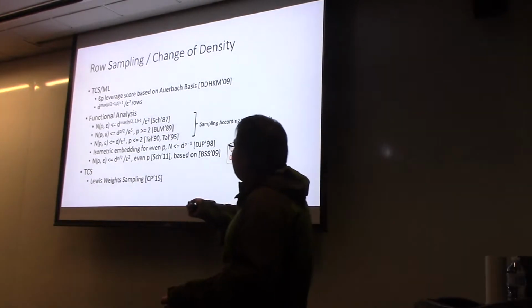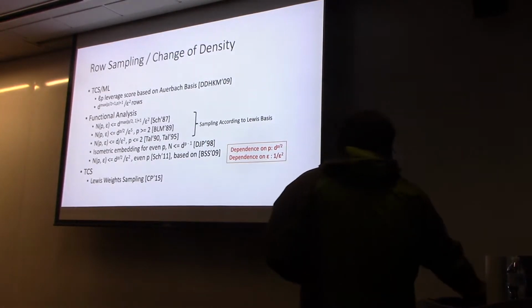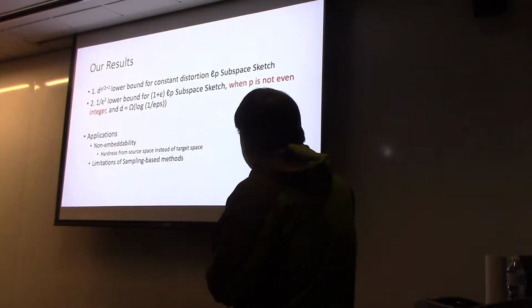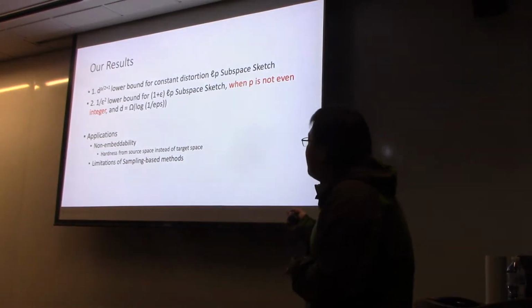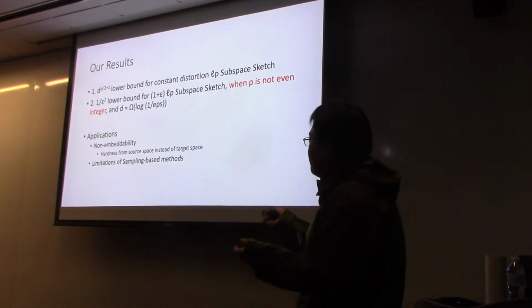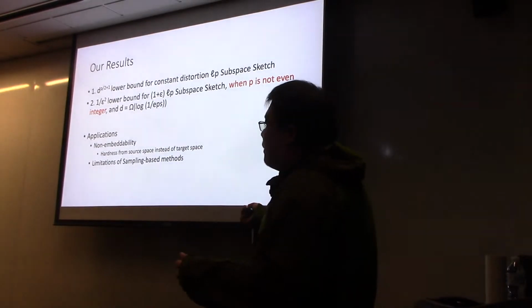On the other hand, we do have some asymmetric embeddings for even p. So let's look at the lower bound we get again. What we showed is that when p is not an even integer, this 1/epsilon squared lower bound applies. As I mentioned before, this also implies a non-embeddability result.